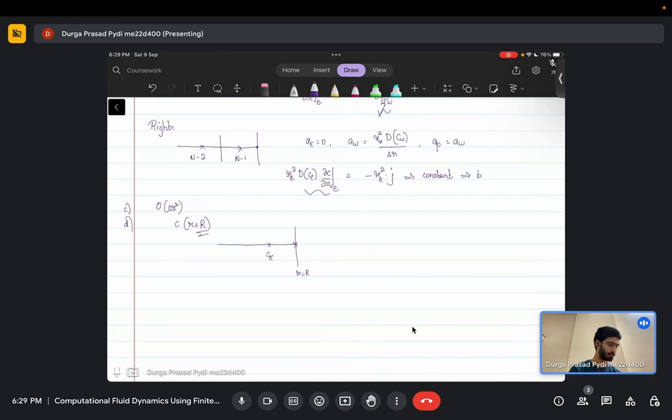I know the value of c n minus 1, and this is essentially delta r by 2. So one way is to directly use the boundary condition.